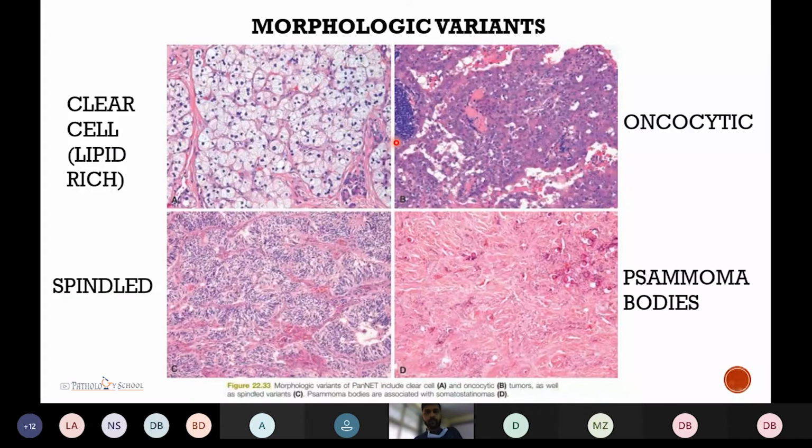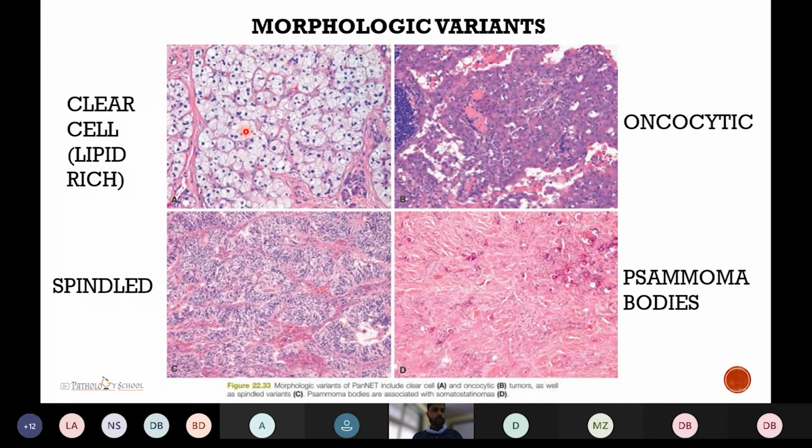Now, there are also morphologic variants of neuroendocrine tumors, which are the clear cell type, oncocytic, spindled, and psammoma bodies, which are calcifications. The clear cell lipid-rich morphologic variant resembles clear cell renal cell carcinoma, RCC, so you can misdiagnose this as renal cell carcinoma.